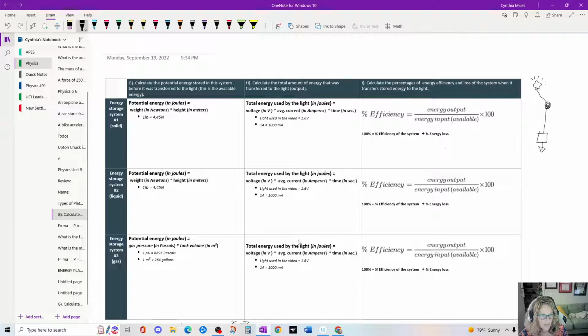So potential energy is the energy something has before it starts moving. So when the weight was up top, it had potential energy. And all we're doing in this square is calculating how much potential energy that weight had sitting at its highest point. So on the video we watched, we found out that the weight was 2.198 pounds.